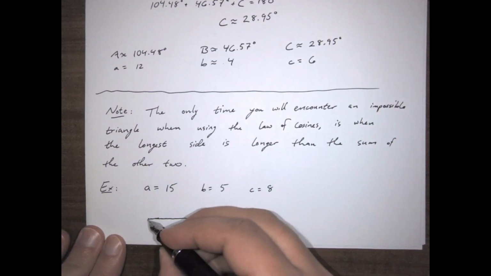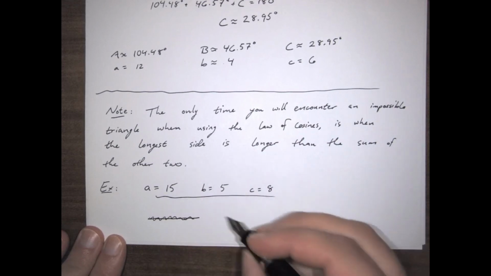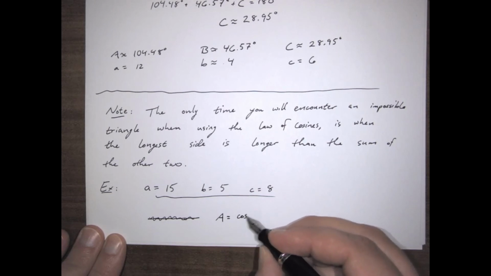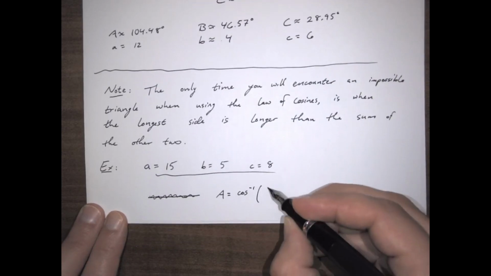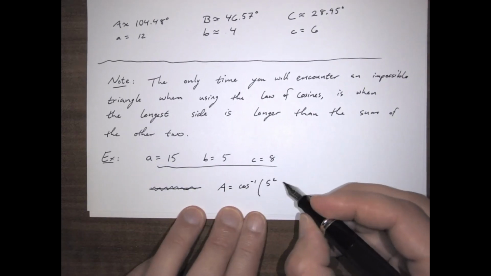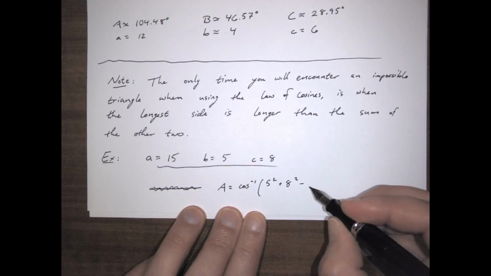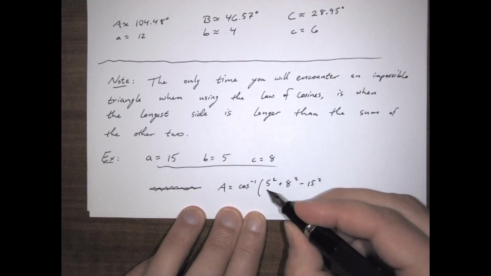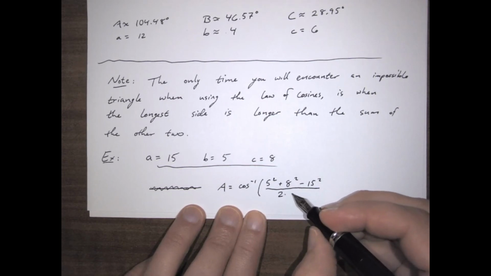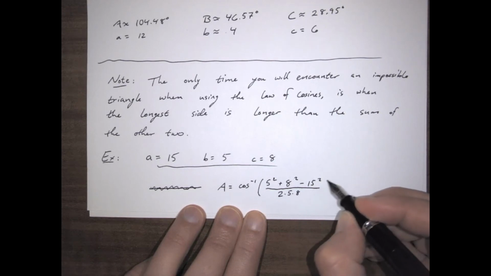So this would be impossible to draw, and the way the law of cosines would show you that is if you went around trying to find A, that would be a cosine inverse of 5 squared plus 8 squared minus 15 squared divided by 2 times 5 times 8.